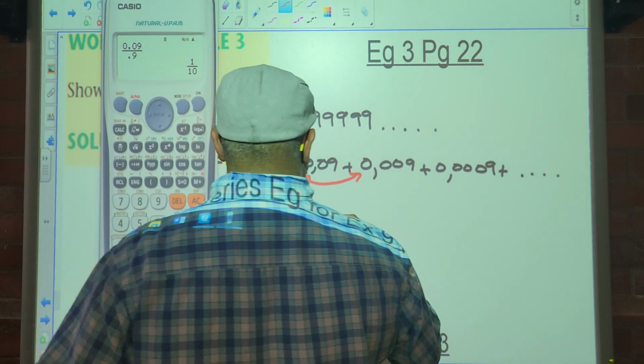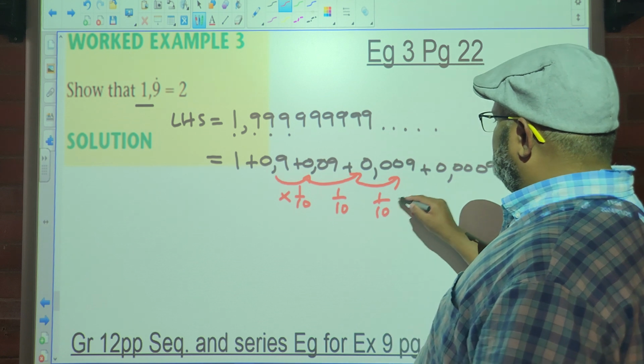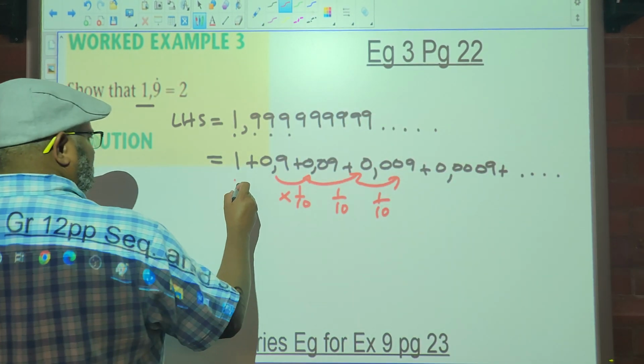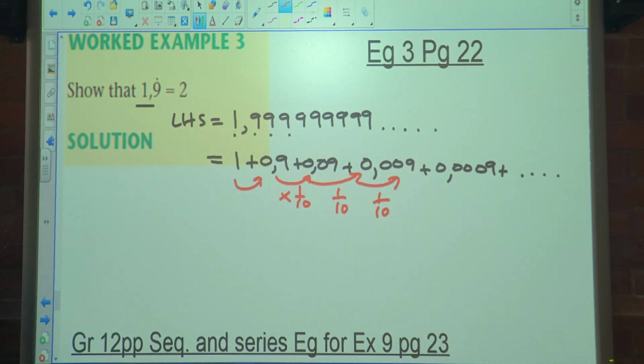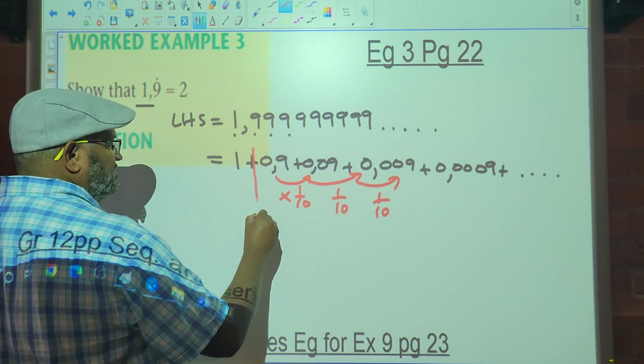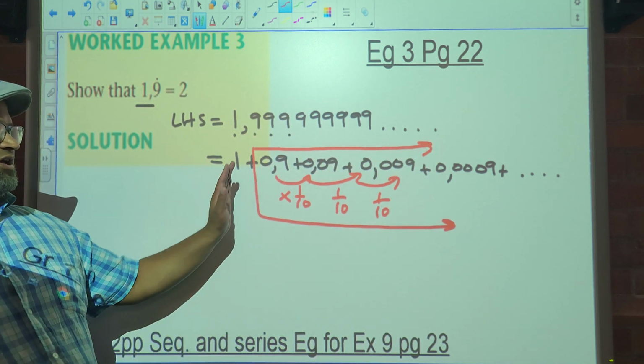The next one, 1 over 10, 1 over 10, and so on. Then I multiply that also by 1 over 10. So what do I notice? I notice that that pattern conforms only from there onwards. Not so.